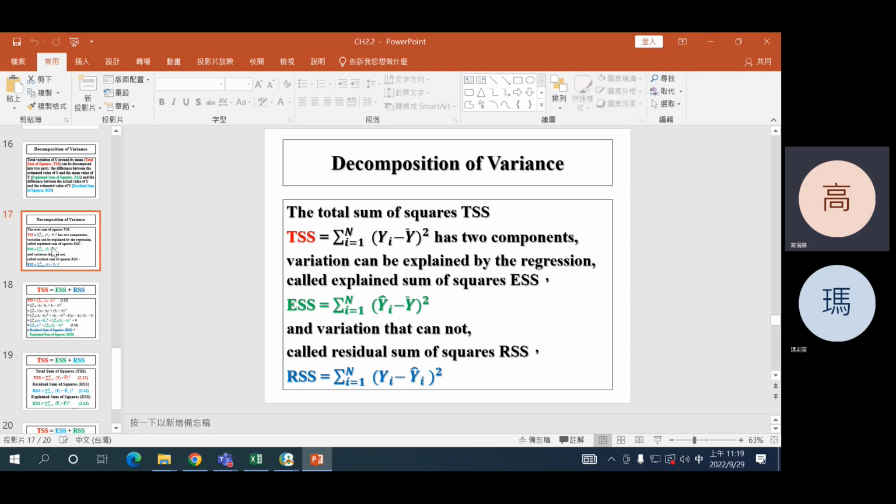And ESS uses y hat minus y bar, and this is called the explained sum of squares. And RSS, yi minus y hat, is the residual, right? So this is the residual sum of squares, RSS. Let me show you some work.